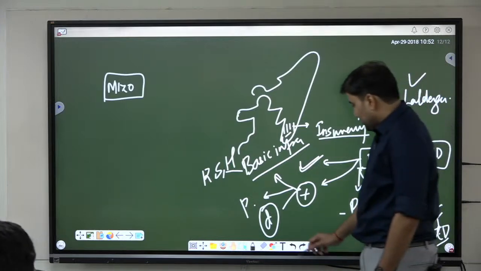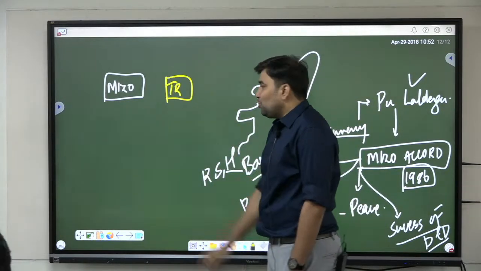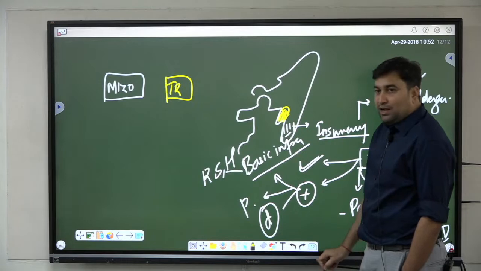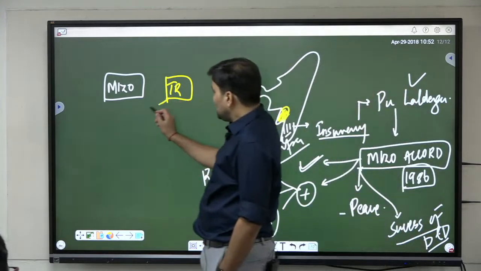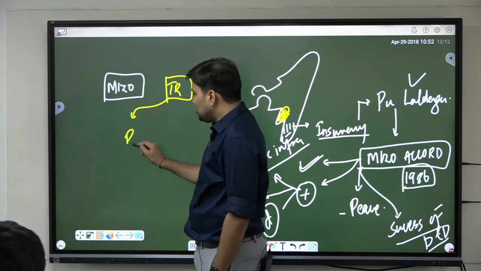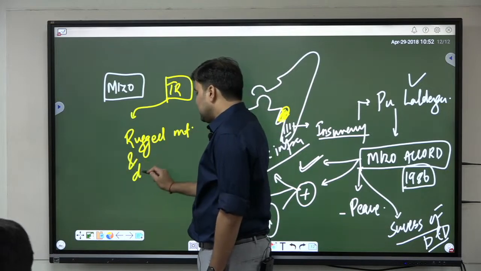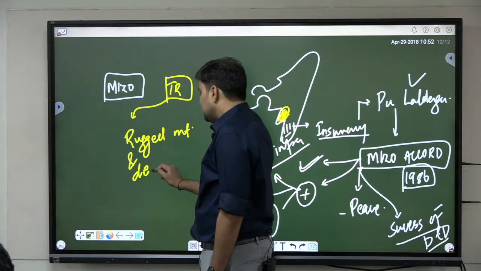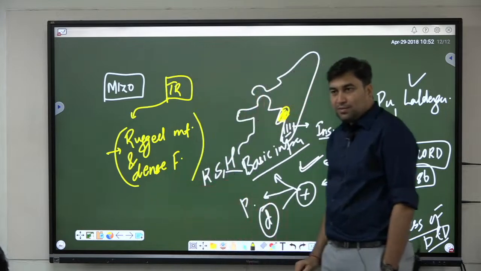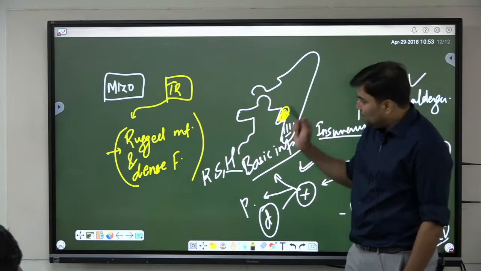Done. Now, near this there is yet another small state called Tripura. What is it basically? This Tripura is bordering Bangladesh. If you try to understand its geographic location, it has extremely rugged mountain terrain and dense forest. Because of this, insurgency in Tripura is also less. But what happens?